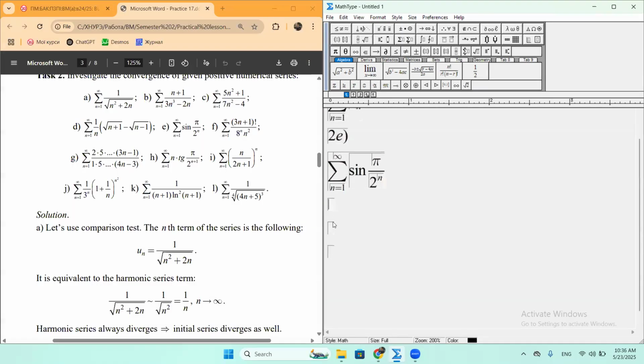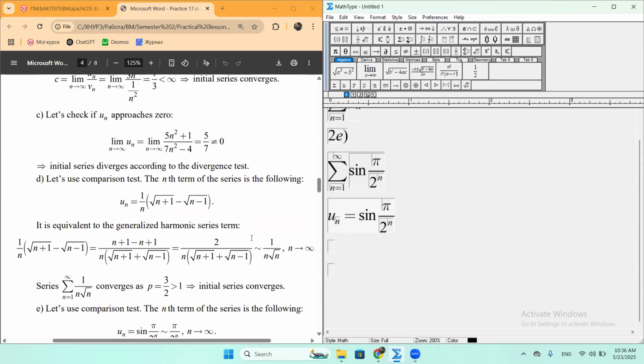What can we say about the nth term? When n approaches infinity, the argument of sine approaches 0, so this term approaches 0 as well.